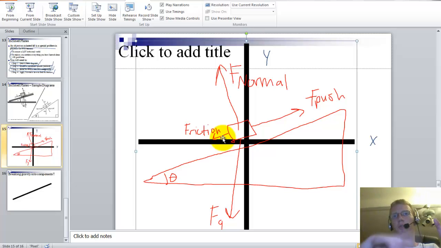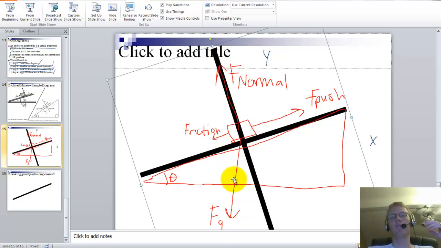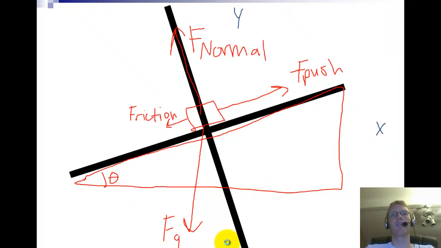You could take all 3 of those forces and break them into components, or you could take this axis, rotate it, and then you only have to break one force into its components. So this is obviously a lot easier mathematically because you're only doing one vector component force instead of 3 vector component forces.